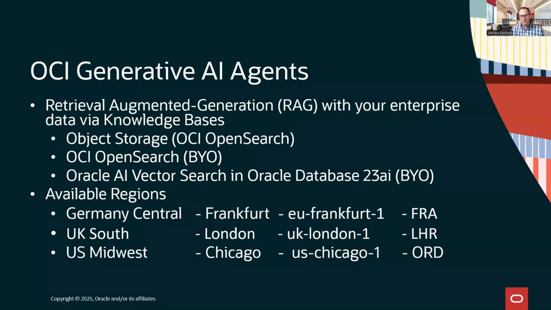The first is object storage, which leverages OCI OpenSearch in the background. The second one is OCI OpenSearch, but bring your own, meaning if you already have an OCI OpenSearch configured, set up, and information stored in it, you can leverage the OCI Gen AI Agent service to query that existing OpenSearch.